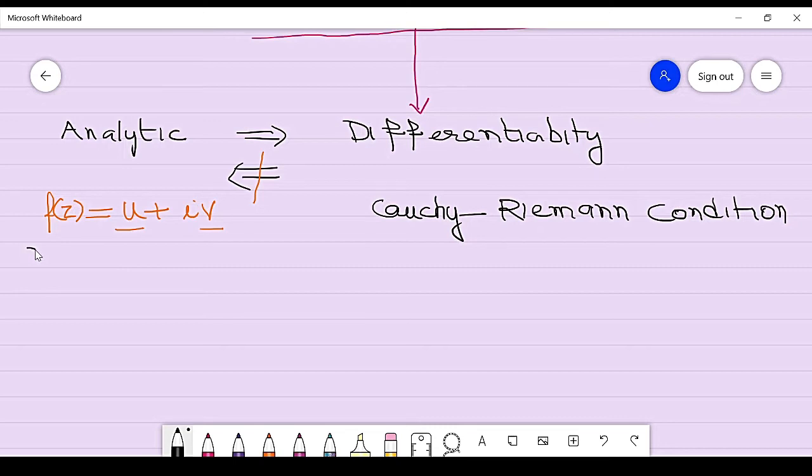So this is curly u by curly x, the derivative with respect to x, which is equal to curly v by curly y.